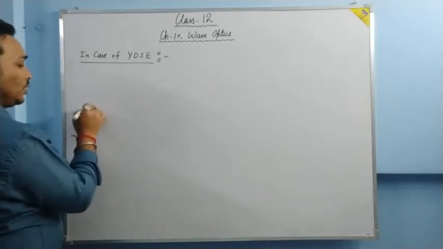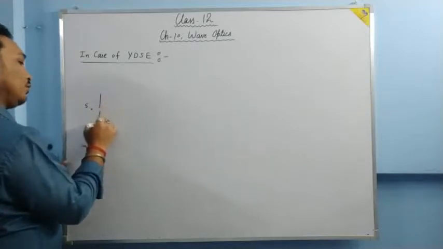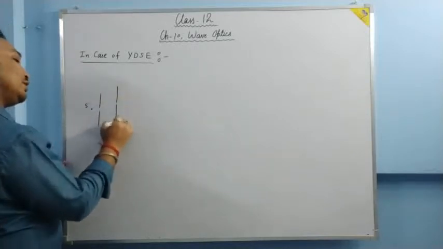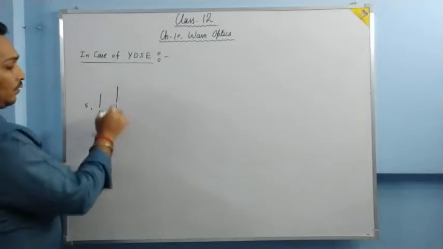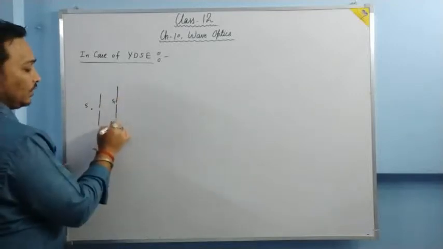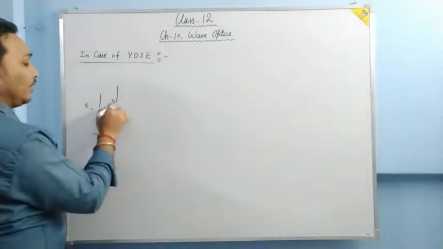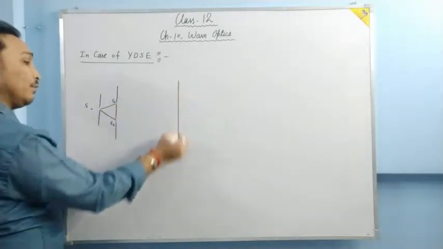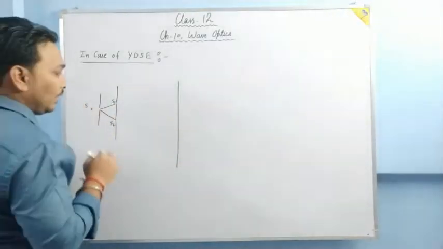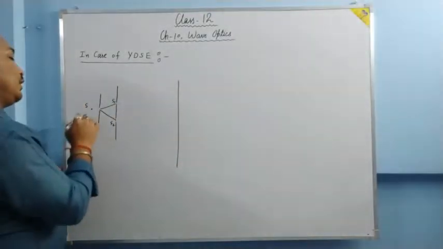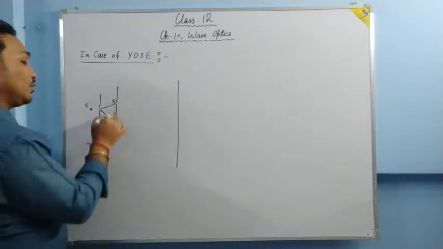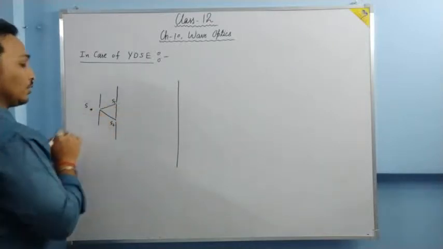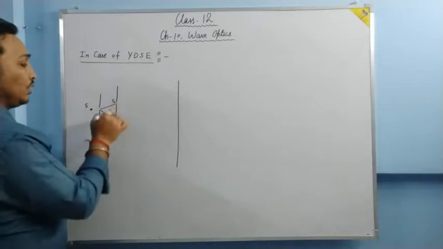So one source was there, then after one slit was there, then after two slits were there. This slit is S1, this slit is S2. The light travels from here till here, then a screen is there. Then what we are doing here, we are actually making two sources out of one source.